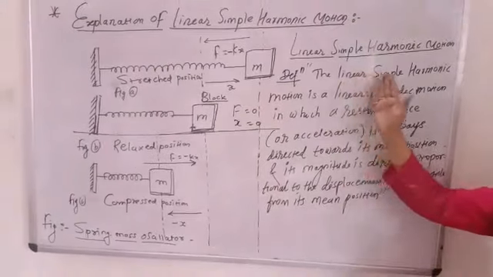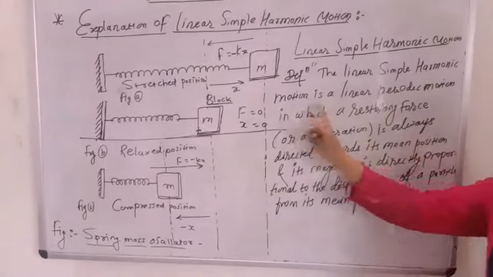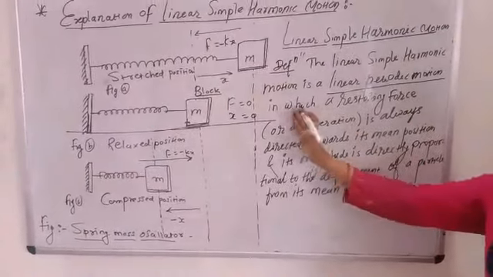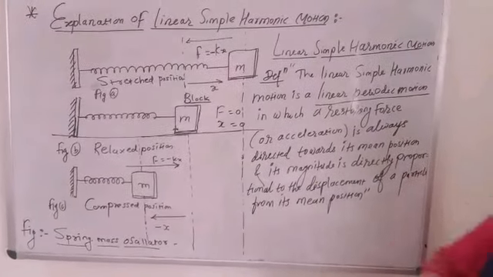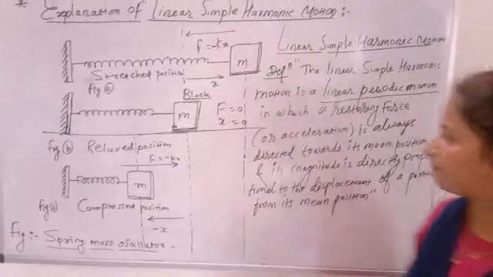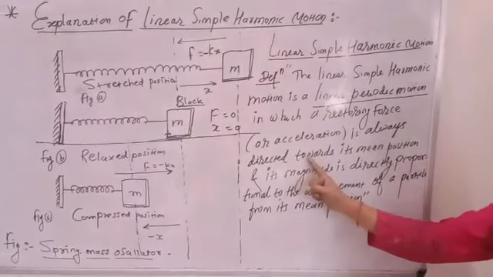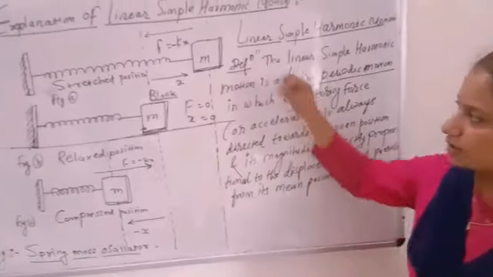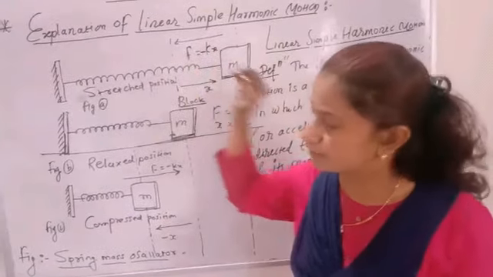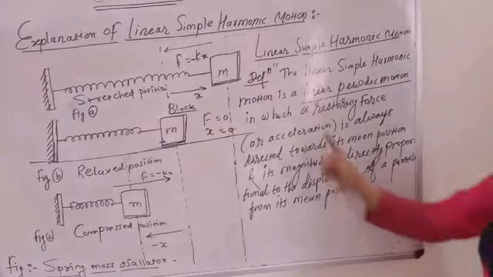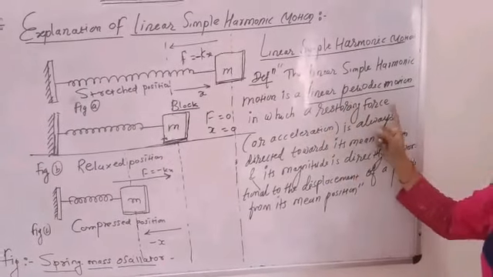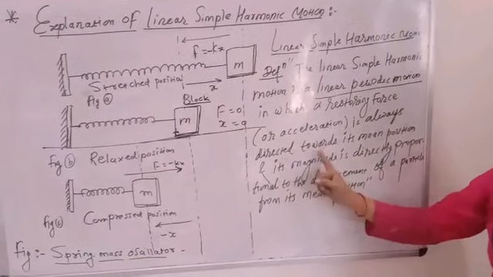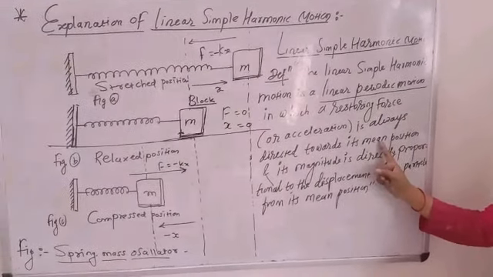Linear simple harmonic motion is a linear periodic motion in which a restoring force, or acceleration, is always directed towards its mean position, because it is accelerated towards the mean position here.